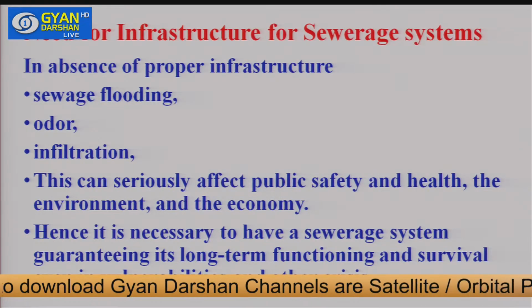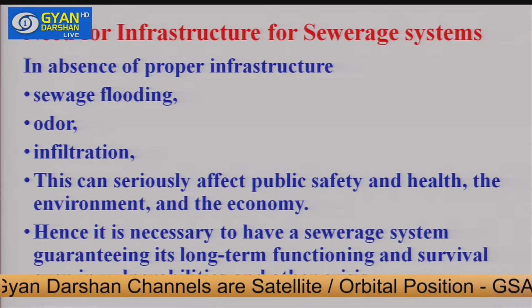The third problem is that if this polluted water infiltrates into the ground, it causes two problems. First of all, it pollutes our groundwater source, and along with this it also causes soil contamination if our wastewater is very polluted or toxic, because wastewater from many industries is very toxic.